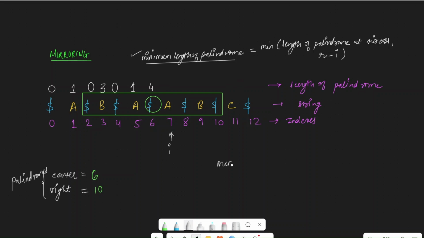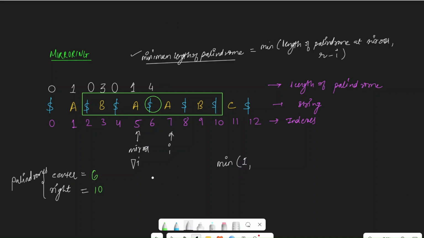So the minimum length of the palindrome here would be equal to the minimum of the length of the palindrome at its mirror. What is the mirror of I? This is the center of our palindrome. This index is 1 to the right of the center, so its mirror would be 1 to the left of the center. So this location. What is the length of the palindrome here? This is the mirror of I. So the length of the palindrome at its mirror is equal to 1.